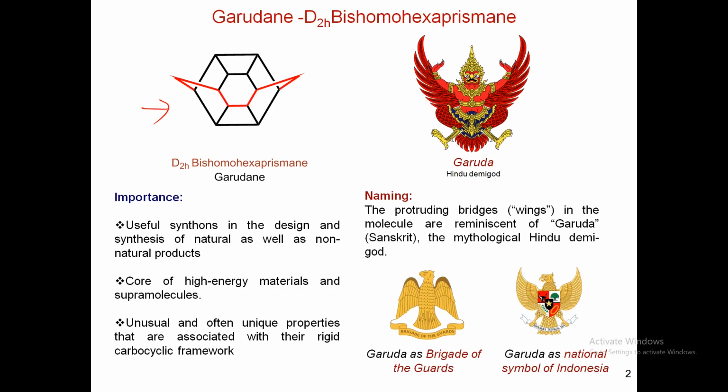And one more interesting thing about this kind of molecule is the name, Garudane, and how it came about. It came from Garuda, our Hindu demigod, you all probably know, the vahana of Lord Vishnu.